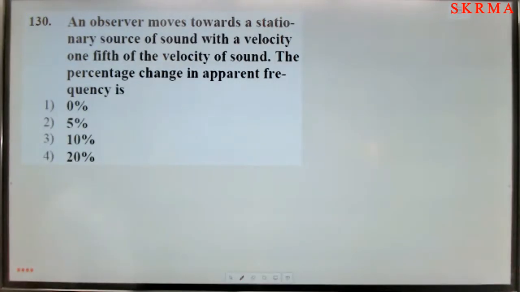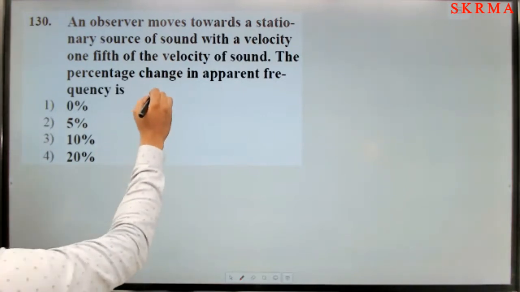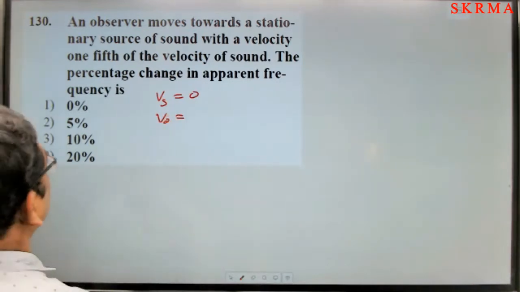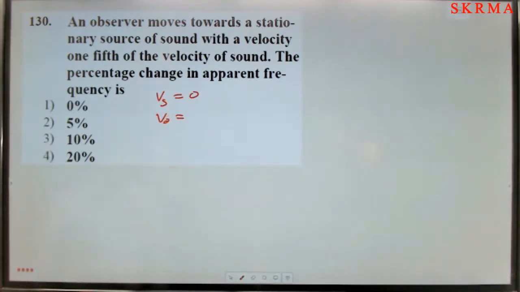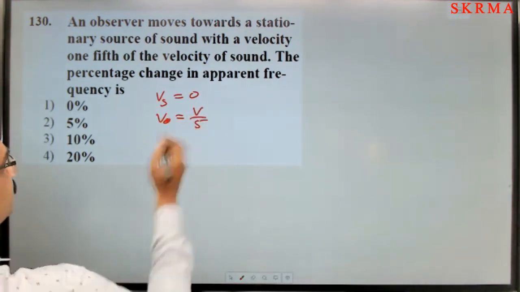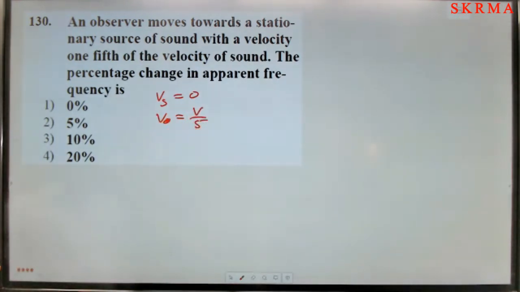Next, an observer moves towards a stationary source. That means source velocity equal to 0. So observer velocity is there, with a velocity 1/5 of the velocity of sound, observer velocity is v by 5. Now, what is the percentage change in apparent frequency?